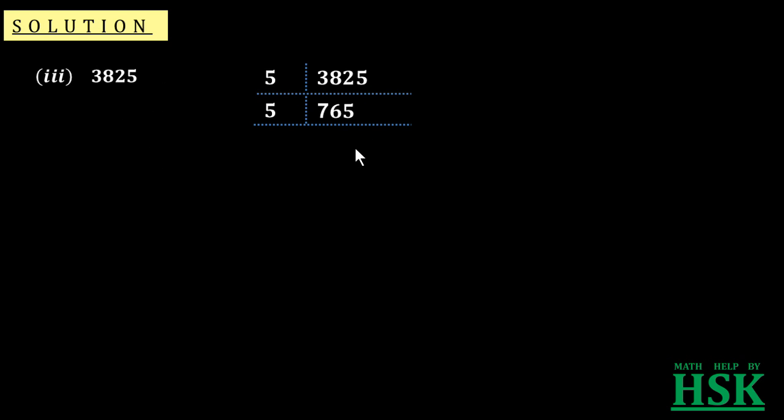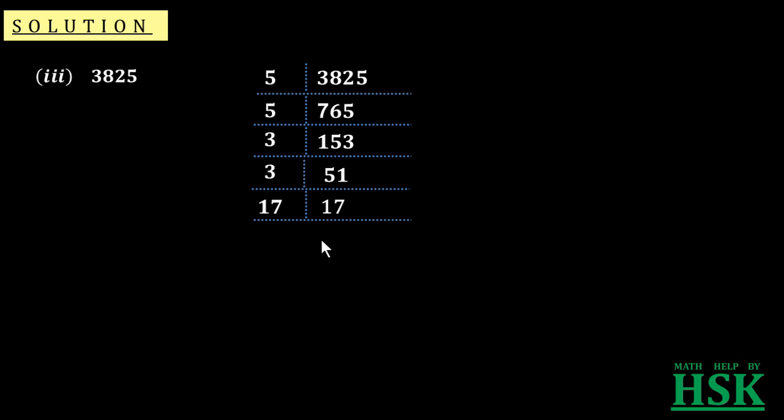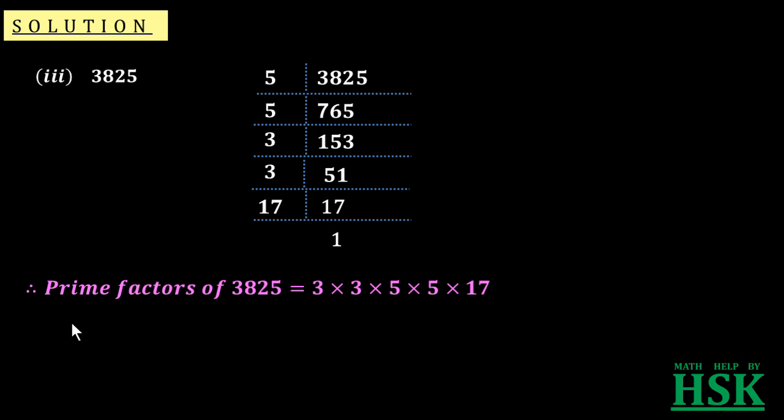Further dividing it by 5, I get 153. 153 is divisible by 3. Dividing by 3, I get 51. 51 is again divisible by 3, and I get 17 as quotient. 17 is a prime number. Dividing this by 17, I get the quotient equal to 1. Therefore, the prime factors of 3825 are 3 into 3 into 5 into 5 into 17, or 3 square into 5 square into 17.